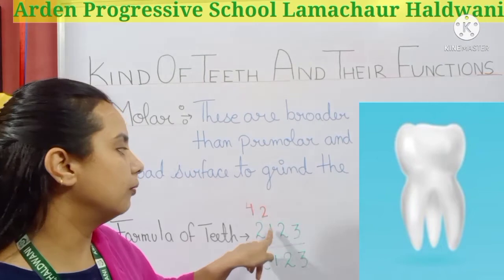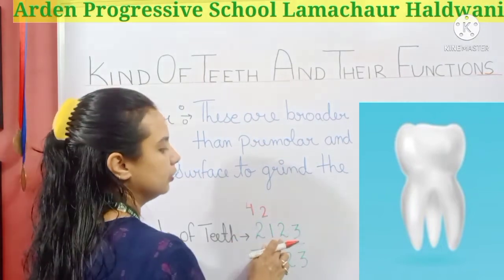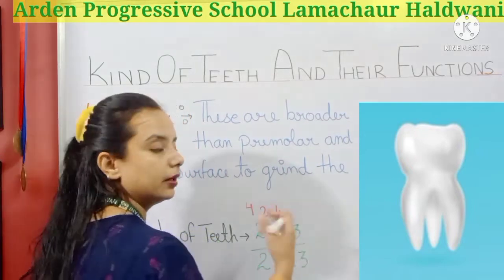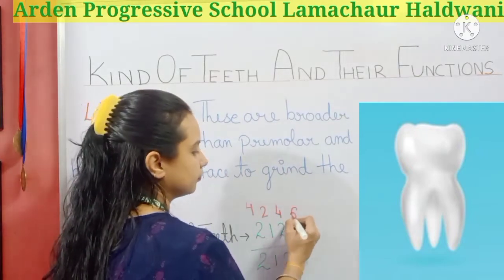In one pair how many are there? 2. In 2 pairs how many are there? 4. 3 pairs means 6 are there.